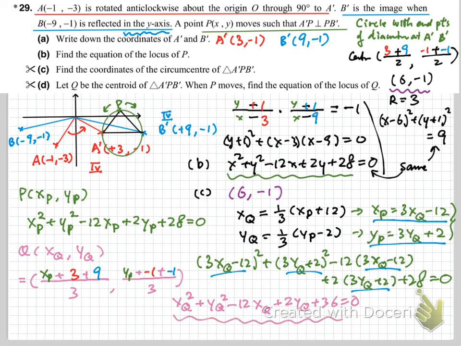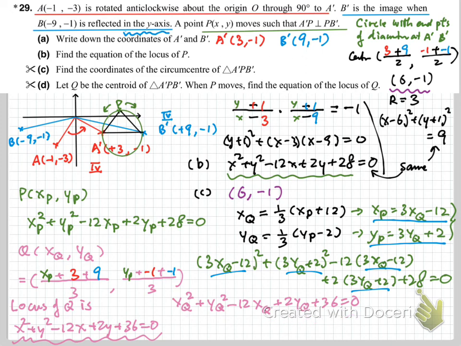Alright, so this is the answer. You may change the xq and yq into just simple x and y, so that you have the locus of Q is x squared plus y squared minus 12x plus 2y plus 36 equals to 0, right? This is the better answer. Alright, so this is it.